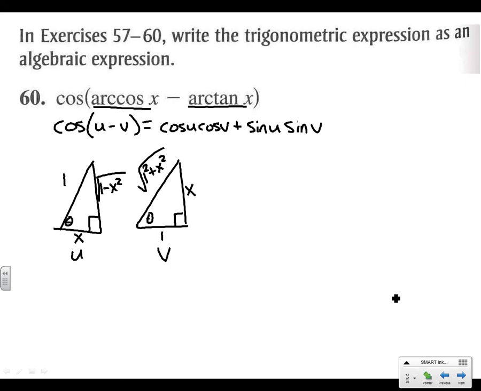And so from these, we can come up with the cosines and sines of each triangle. So for the cosine of u, we would have the adjacent x over the hypotenuse, 1. So cosine u is x over 1, or just x.